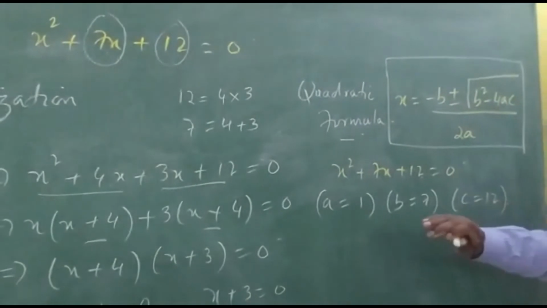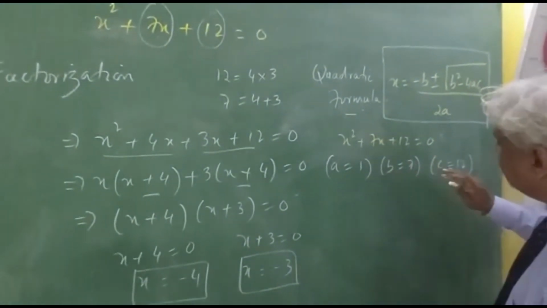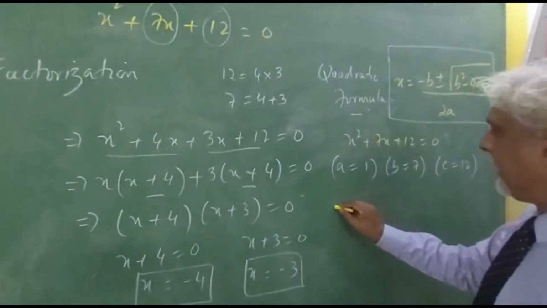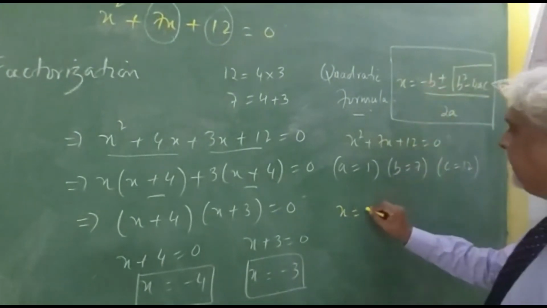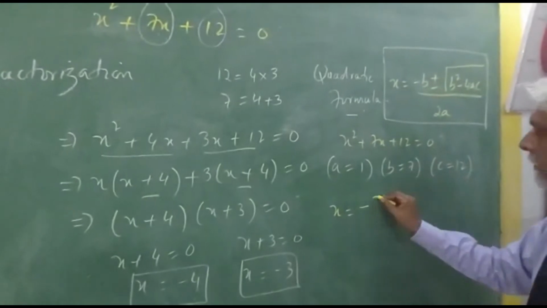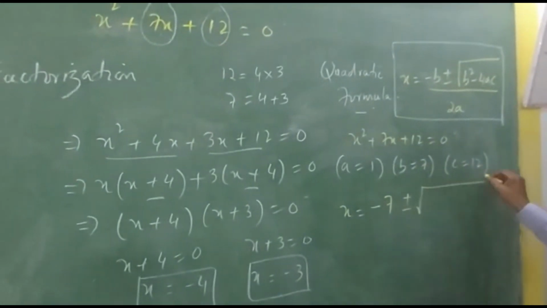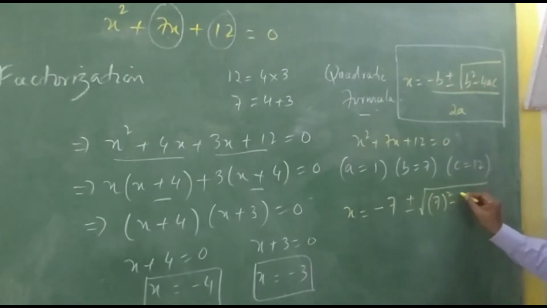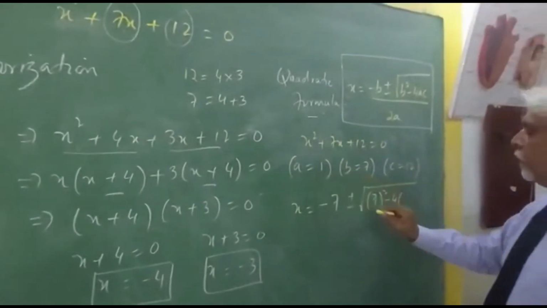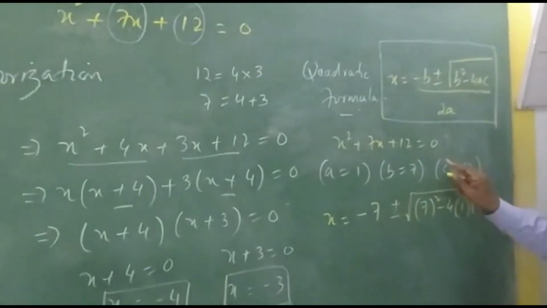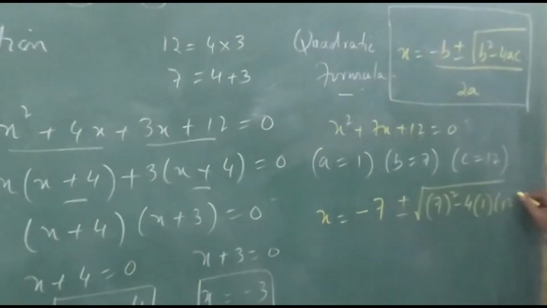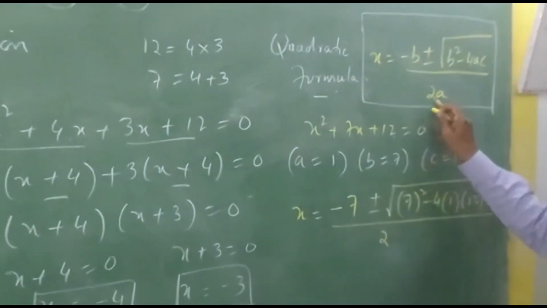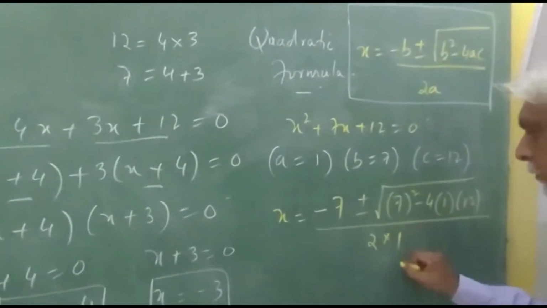Now let's substitute the values of a, b and c in this formula. So it will give us x equals minus, now we put the value of b, which is 7, plus minus root b squared, b we know is 7, 7 the whole square, minus 4 times a which is 1, and c is 12, over 2 times a, and we know that a equals 1.